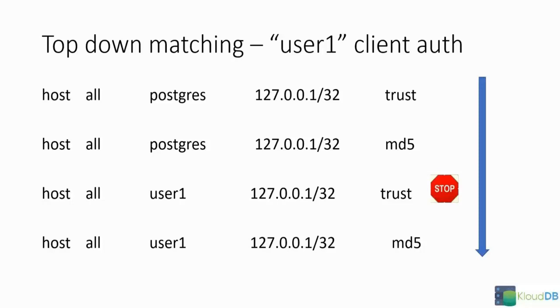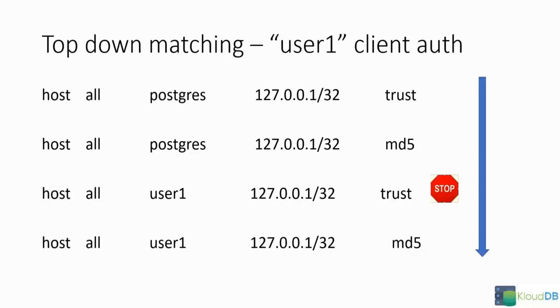So there is no user1 record at the top. So it goes further down to the second line. Even the second line doesn't have the matching user information. It scans further, and the third line has matching user information, user1. And then it stops there. It doesn't go to the fourth line. If you see the fourth line, it also has a user1 record, but it doesn't go there.